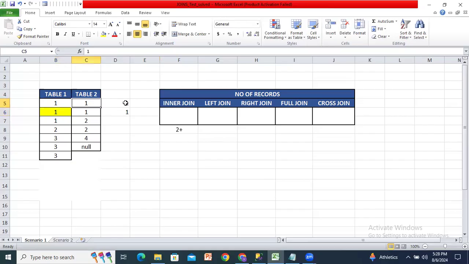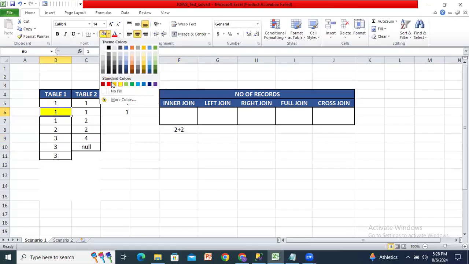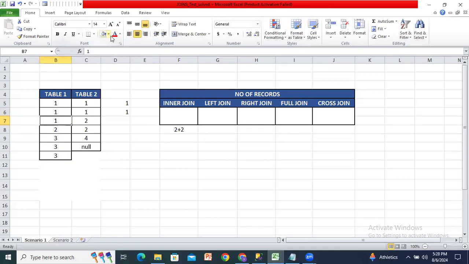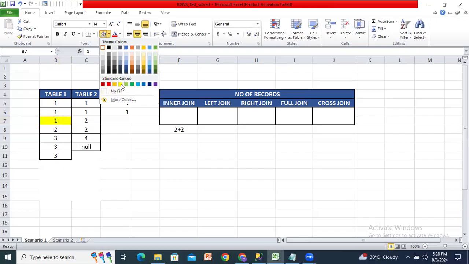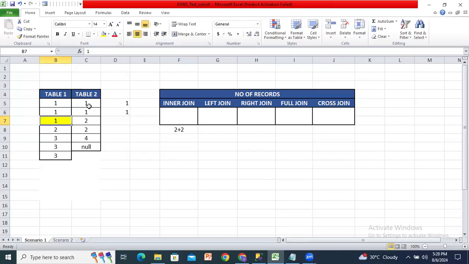So the first row is matching 1, the second row is matching 1. So then 2 plus 2. Next, we'll go with the third row. The third row is also the same, so 1 and 1. Okay, then 2.